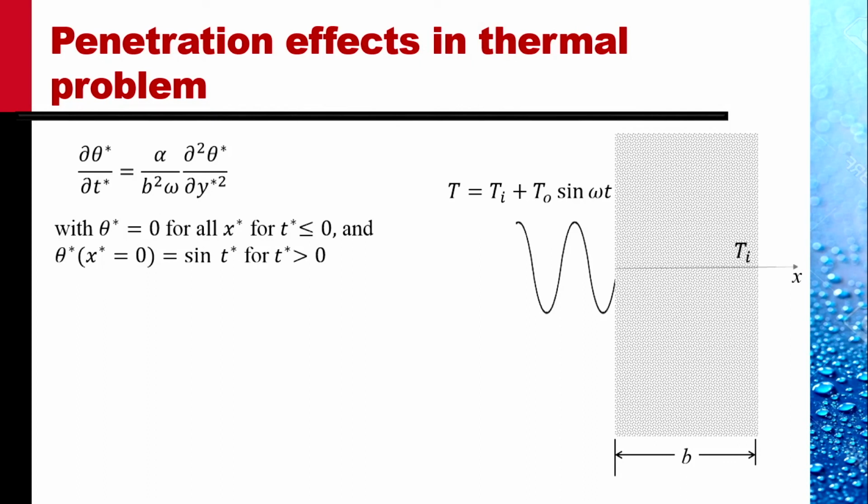Same equation and boundary condition repeated. Now, for this parameter to be much less than 1, as before, we get delta theta star by delta t star is equal to 0. And since this is a first order equation, it can accommodate only one boundary condition.